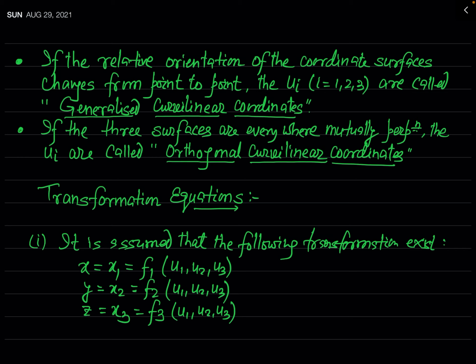The Cartesian coordinates xyz or x1, x2, x3 have been expressed as a function of the general curvilinear coordinates u1, u2 and u3. In fact, these equations are also solvable for the general curvilinear coordinates u1, u2 and u3. In other words, just as a converse, we can express u1, u2 and u3 as a function of xyz or x1, x2, x3. So the converse of this equation also exists.